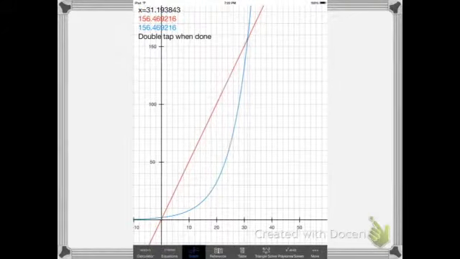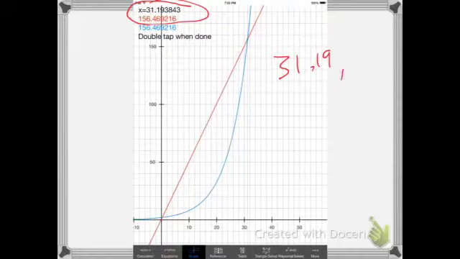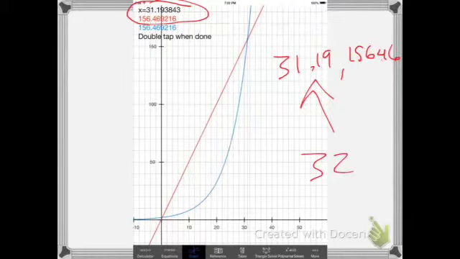If you use your trace function, you can see that the point is 31.19-ish, and then 156.46. The x value is the term in the sequence. We need to round it up because we want the blue to be bigger. So this is going to be the 32nd term in the sequence.